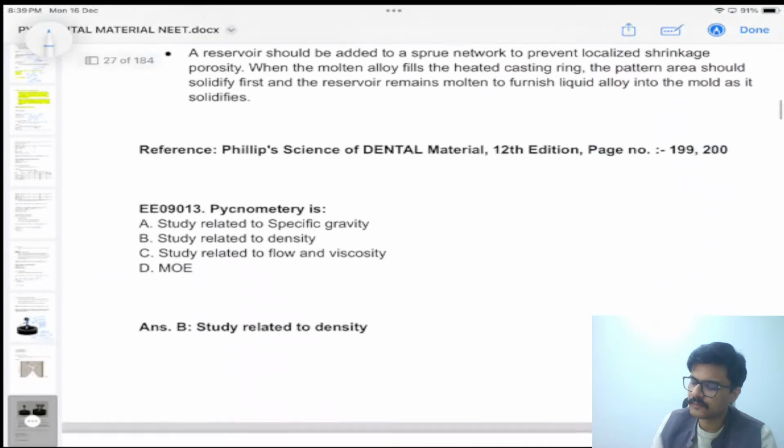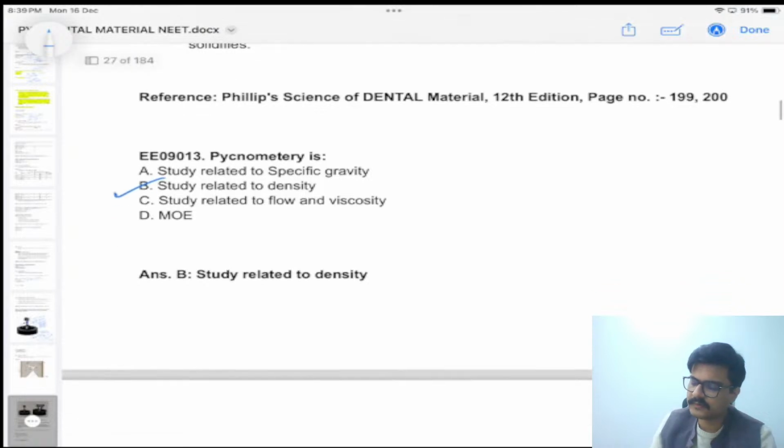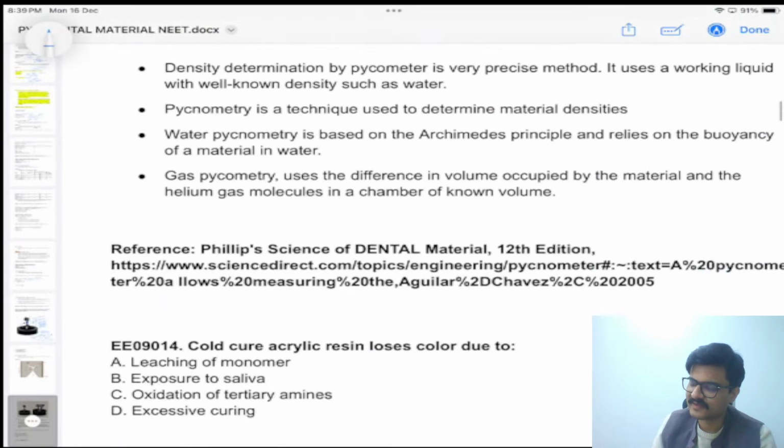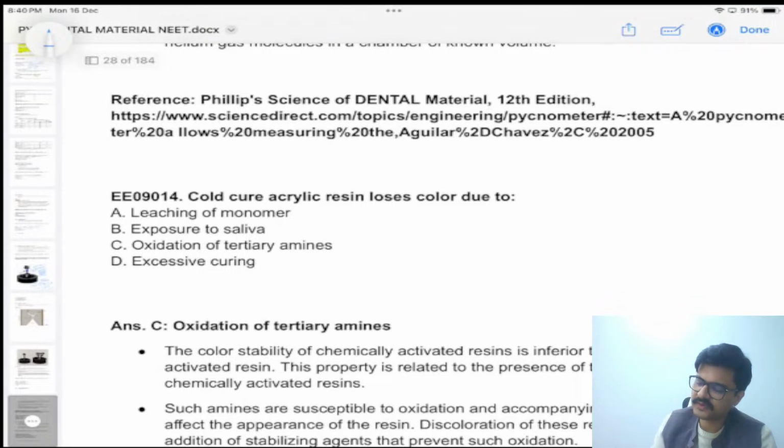Wonderful. Pycnometry, study related to density. Obviously this is something that all of you must have memorized by now. It's a PYQ. Cold cure resin loses color due to oxidation of tertiary amines, right? So guys, basically in cold cure, you're not using either heat or light.